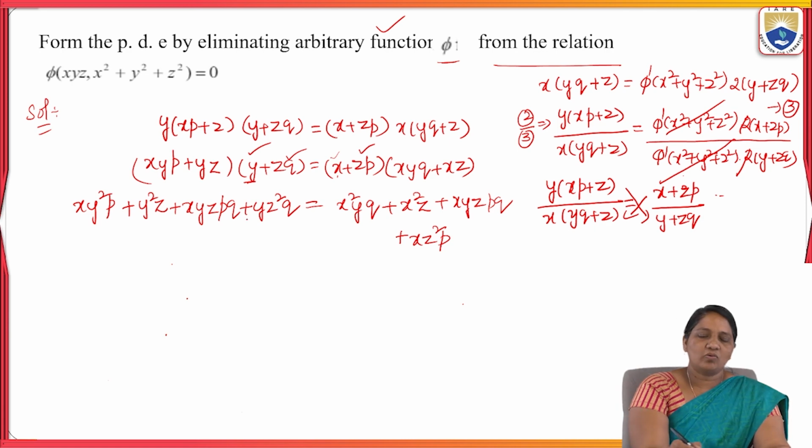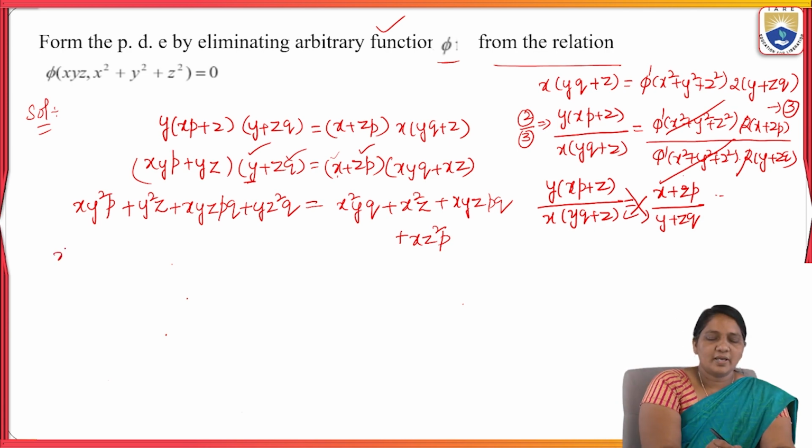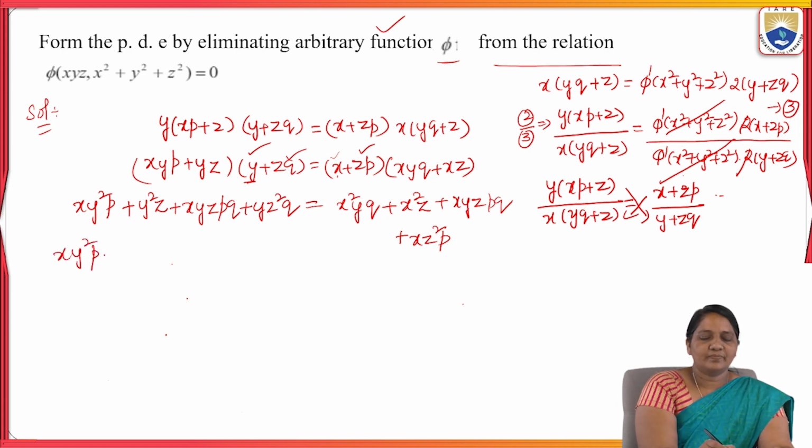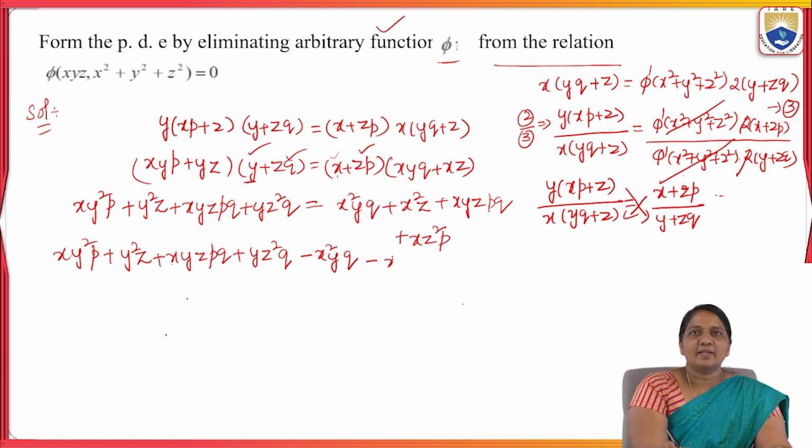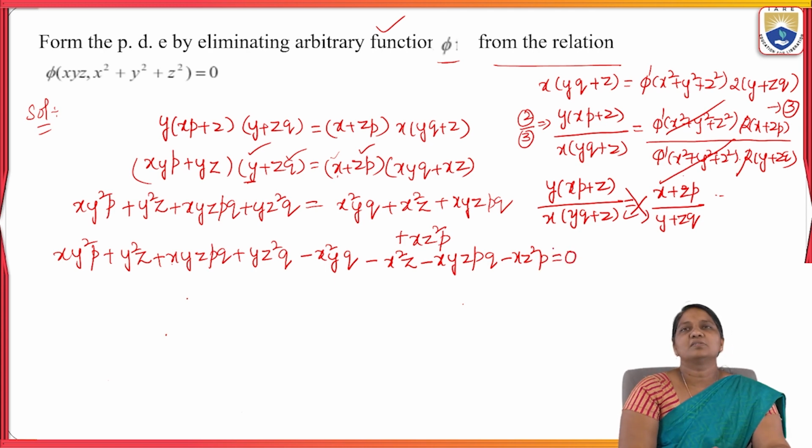So now I am sending all these terms to the LHS part. Xy square p plus y square z plus xyz pq plus yz square q, minus x square yq minus x square z minus xyz pq minus x z square p is equal to 0.